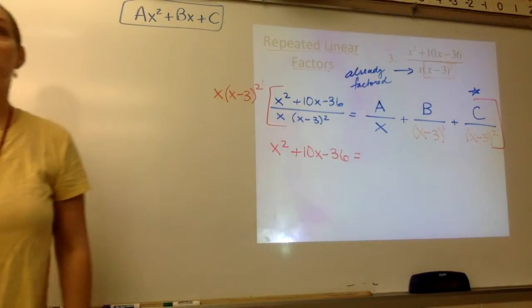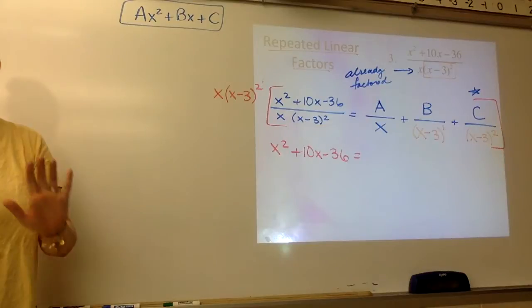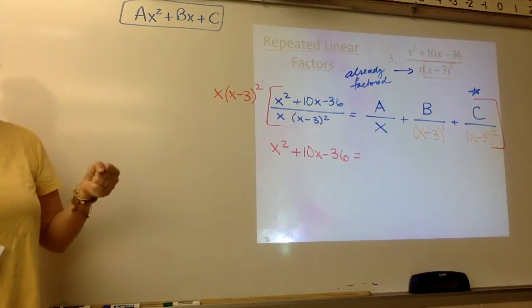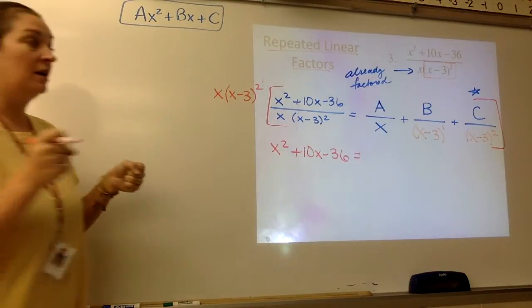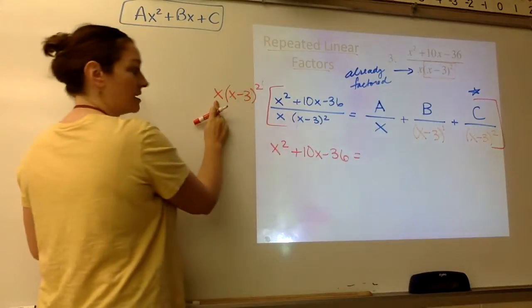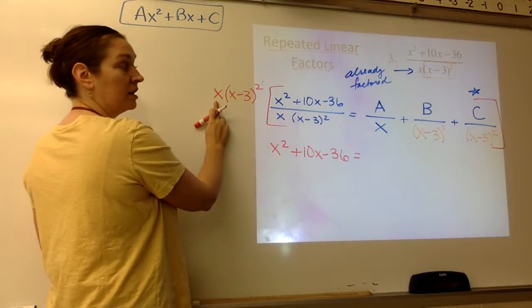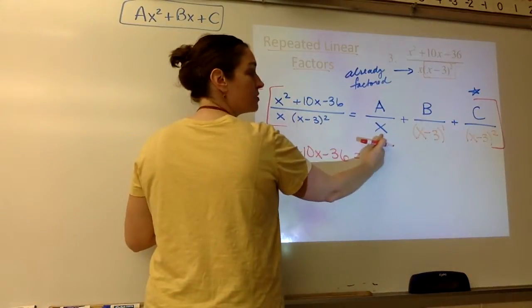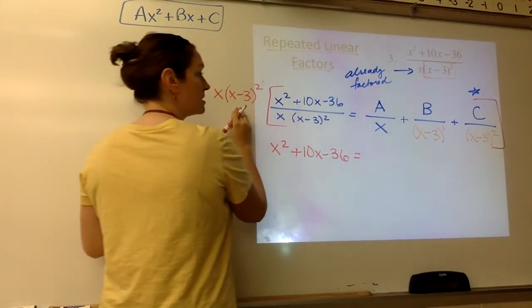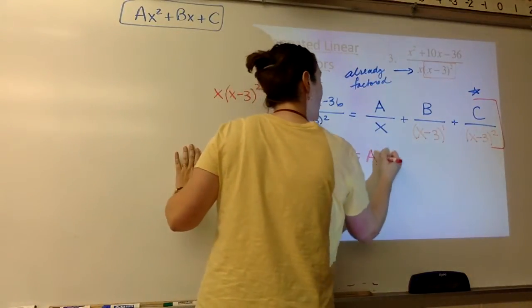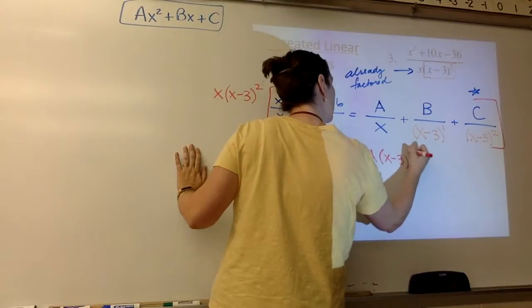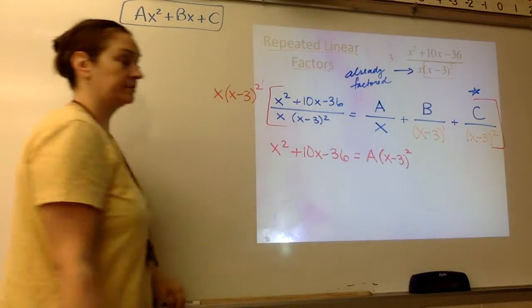Now be careful. This is where some of you who aren't strong in LCD need to really pull yourself up by your bootstraps and pay attention. I have an x. I have an x. What don't I have in this first fraction? x minus 3 squared. So I'm going to take A times x minus 3 squared.